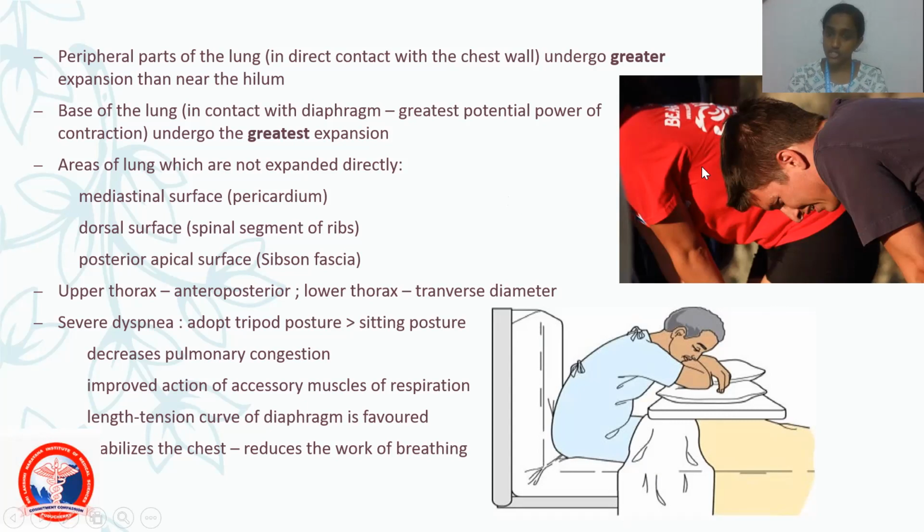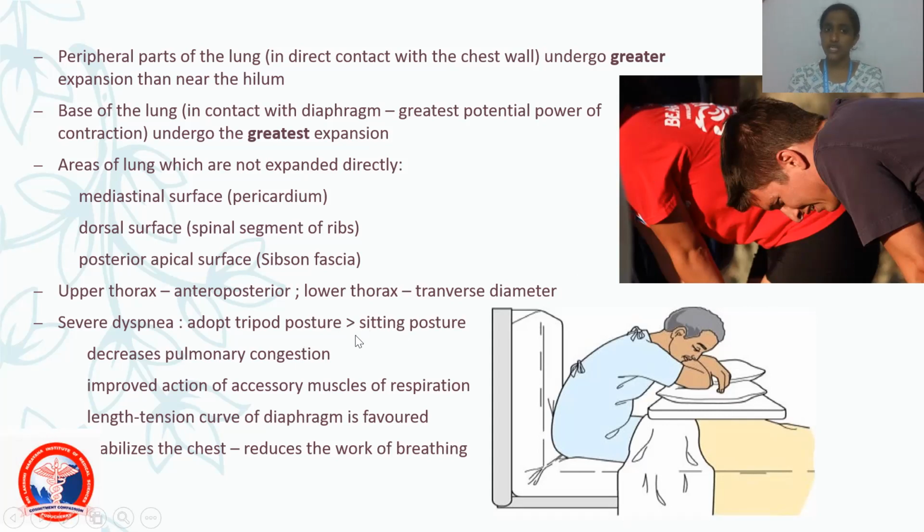This is a similar posture we are all familiar with because we also usually adopt such postures. Similarly, some lung pathology patients who are dyspneic and tachypneic usually prefer to sit in this posture, which is a tripod posture. It looks like a triangle here, right? So this is a tripod posture.